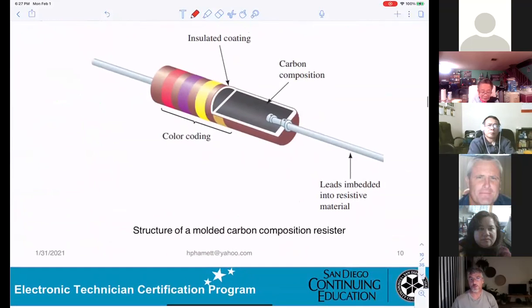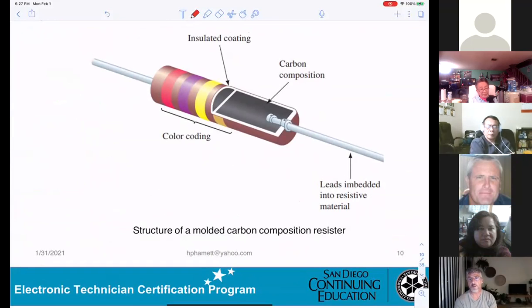Now I give you a little more detail inside one resistor. You can see the resistor has the coding here, the color code. In order to get the value of the resistor, you have 2 ways.